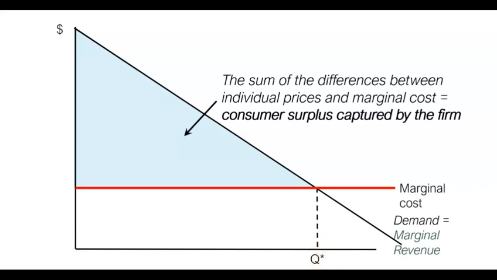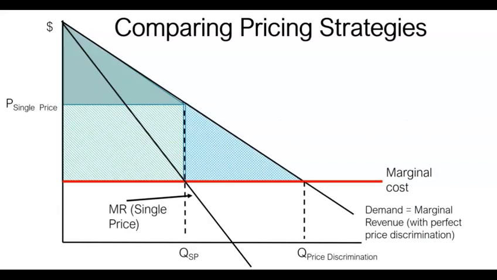So let's just compare those two pricing strategies, the single price with perfect price discrimination. So if this is the single price, we saw that before the buyers were able to get this amount of consumer surplus, as shown by the dark green triangle.